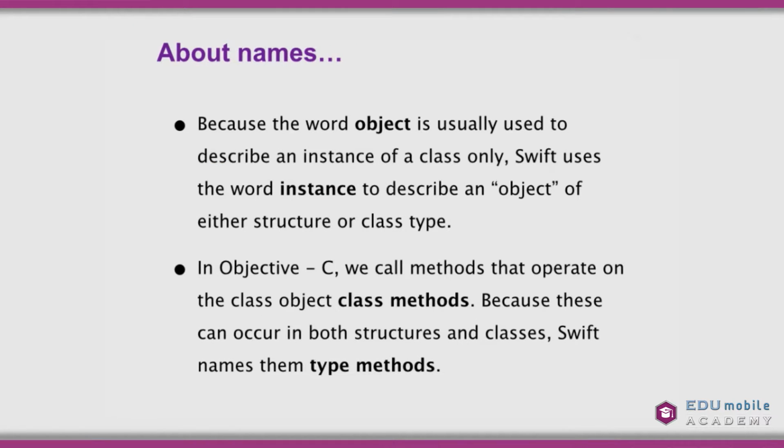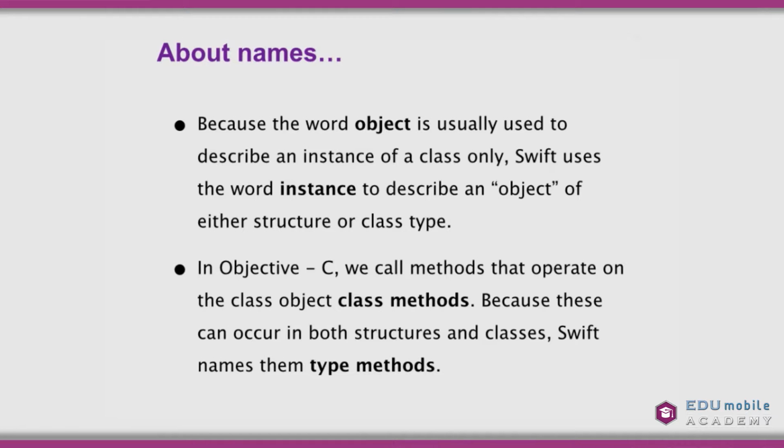So Swift gives a couple of different names to some concepts that we're already familiar with. If you're familiar with object-oriented programming, the word object is applied to describe an instance of a class only. And that holds in Swift too, but we need another word to describe an instance of an enumeration or a structure or a class.